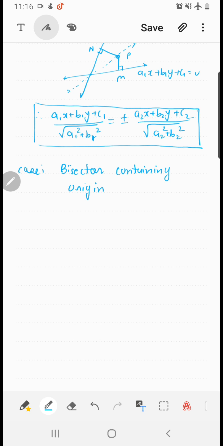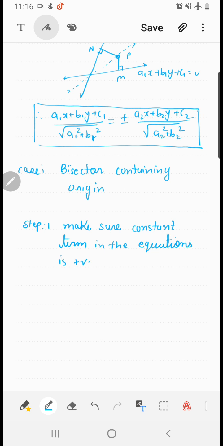So here what we do in step number 1: make sure the constant term in the equation is positive, that is c1, c2 greater than 0. Now let me take an example here.